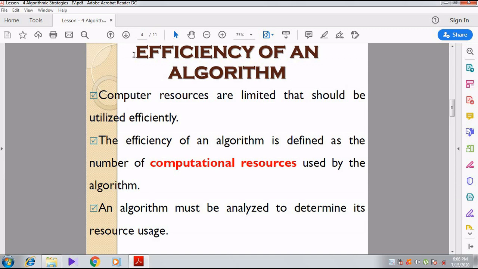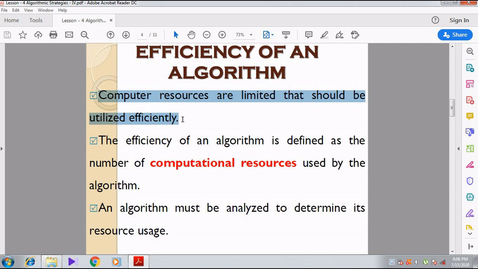First, computer resources are limited and should be utilized efficiently. What they are trying to convey is that we use resources such as the keyboard, mouse, printer, as well as the CPU.